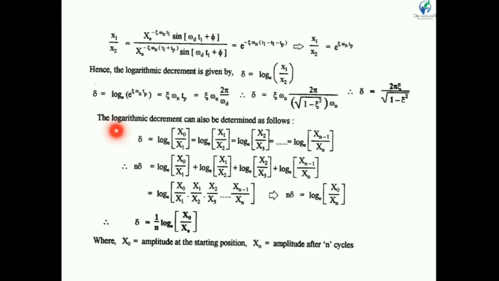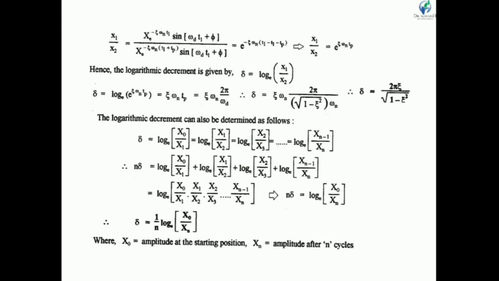The logarithmic decrement can also be determined as follows. We know that delta is equal to log x0 upon x1, because x0 is the initial displacement and x1 is the displacement in the first cycle. Similarly, delta is also equal to log x1 upon x2, and also equal to log x2 upon x3.